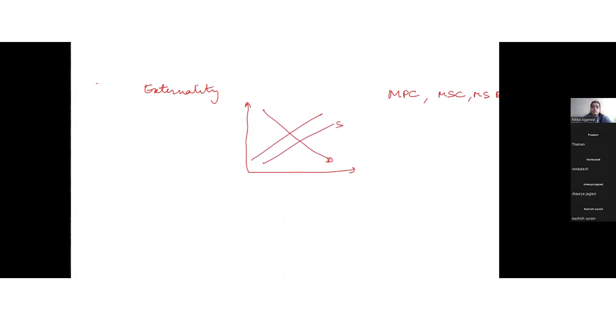Okay, so your demand curve is always related to your benefits, that is MSB and MPB. So we have D equals MPB equals MSB. We are talking about negative production externality here. All right, keep that in mind.